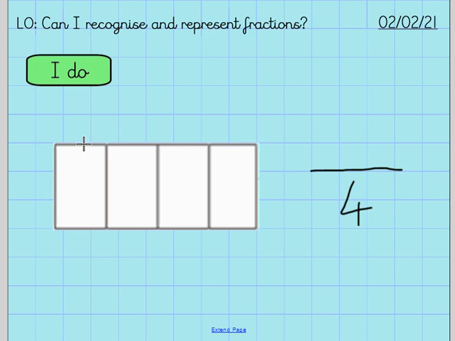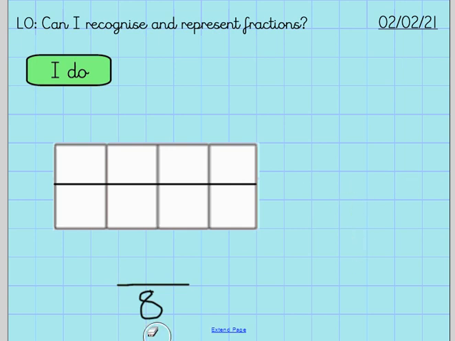If I change that, and let's say I split this equally in half, that might not be quite to scale, we would now be looking at our denominator being eighths. So the denominator is the amount that the whole shape is split into, and we can work that out by just counting the parts that it is split into. That's really, really important for you to remember.